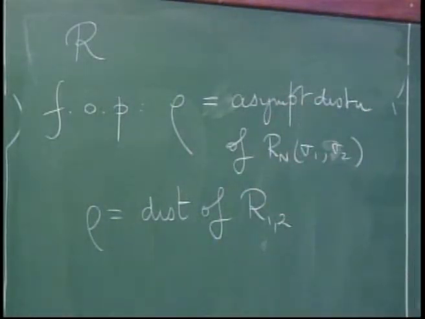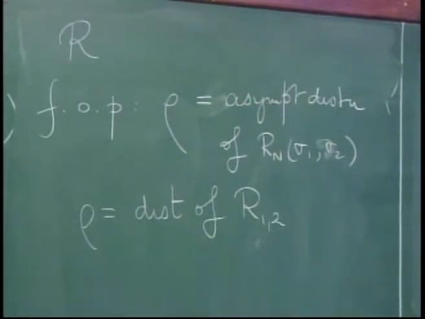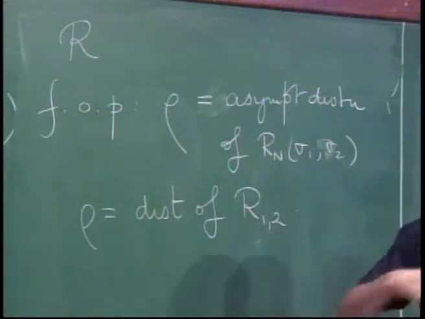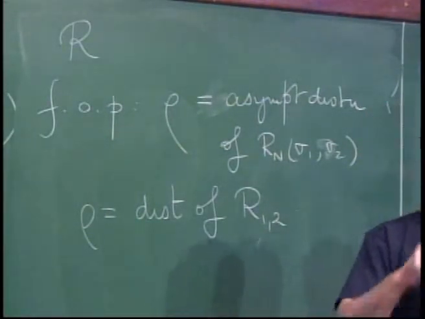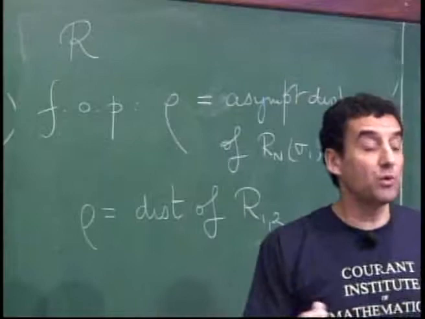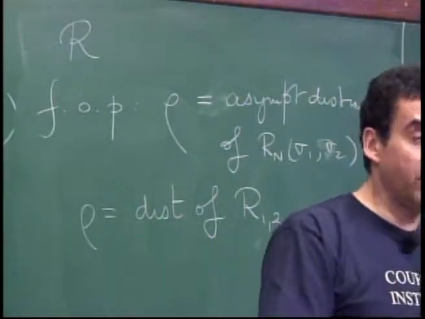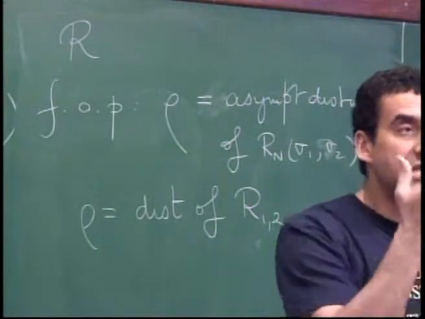Right? You take your huge array, then you can look at the distribution of one element, right? And that's what we call rho. So here there is something else, and of course they're all the same. The distribution of R12 and R27 is the same. But a priori in R you have much, much more information because you have the joint distribution of R12, R23, R35. R12 is like the distance of 2 points.